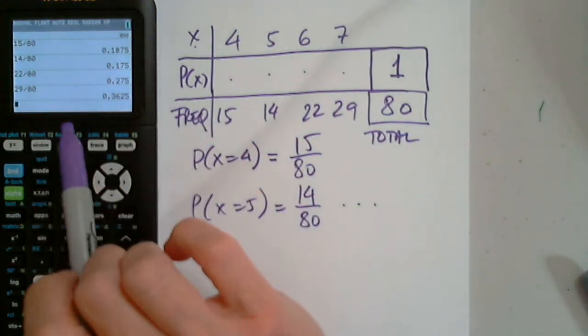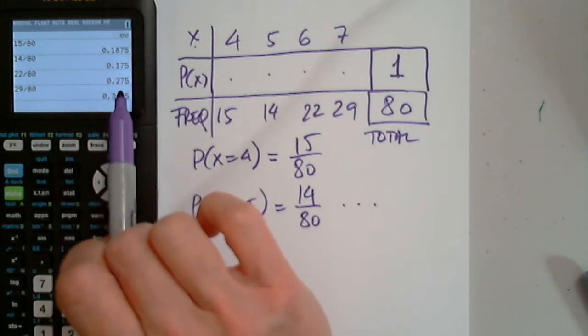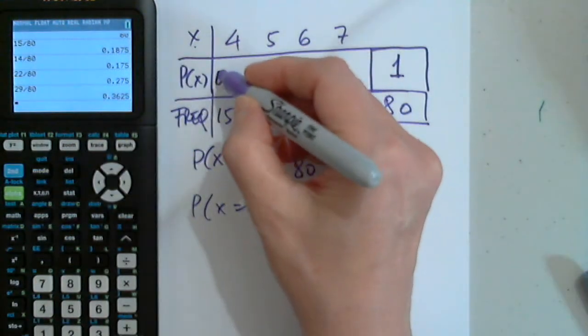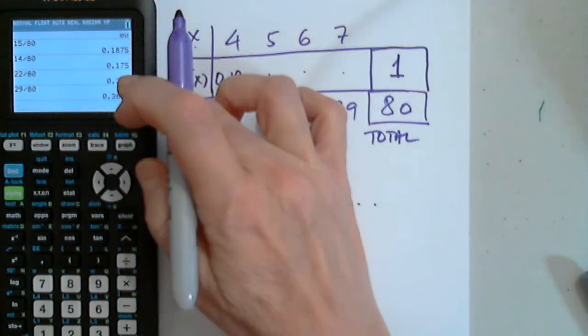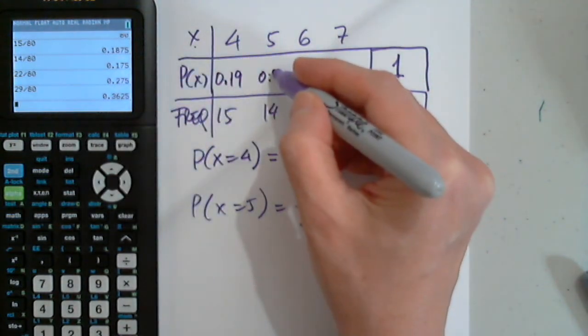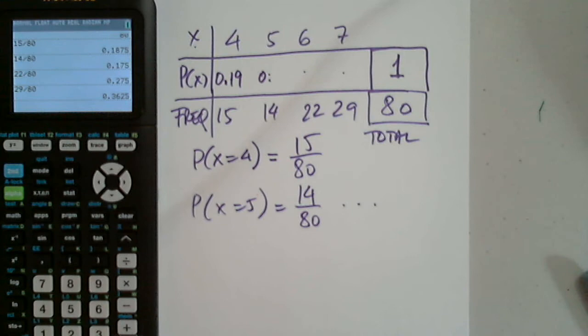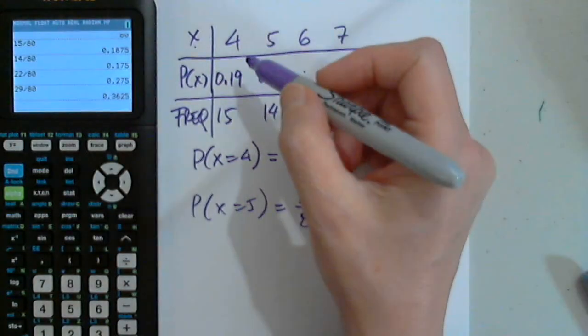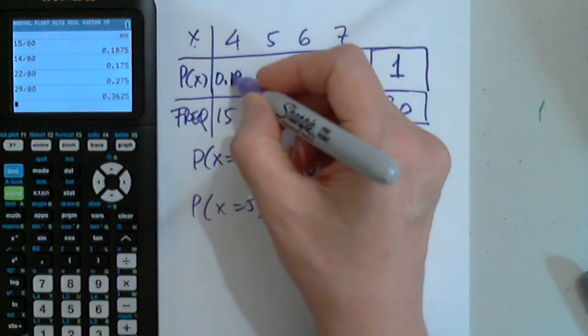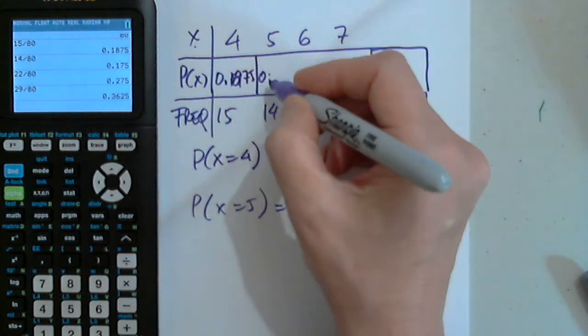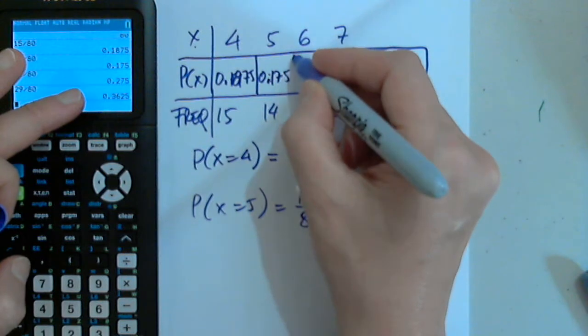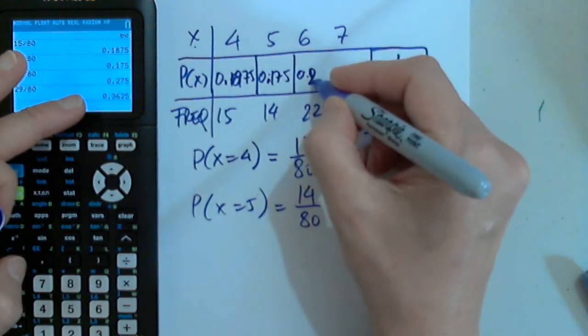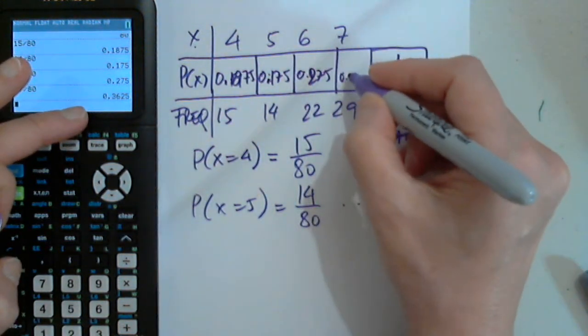So I'm going to round to 0.19, 0.18, but let's see what they want, because they may want all decimals. Round to 4. Oh, okay, then I can't round at all, which is fine. Okay, so 0.1875, 0.175, 0.275, and 0.3625.